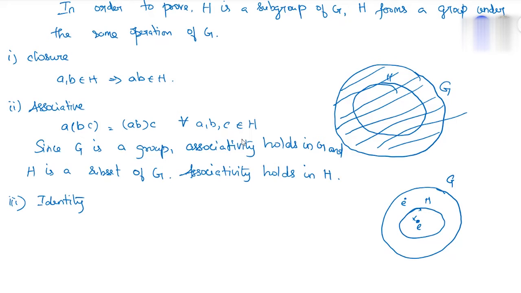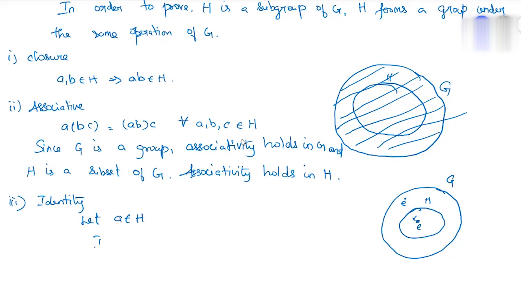Now since closure is satisfied and the inverse axiom is satisfied, let A belong to H. We know that H satisfies the inverse property also.